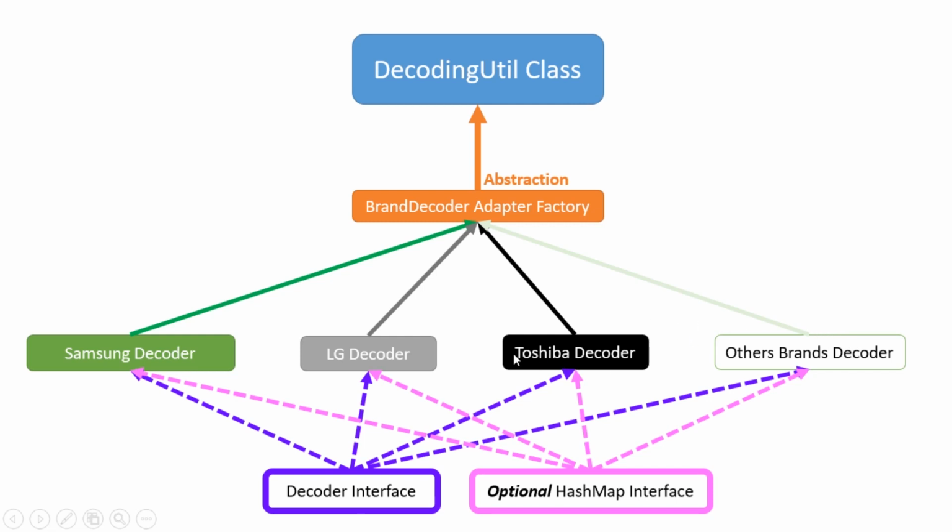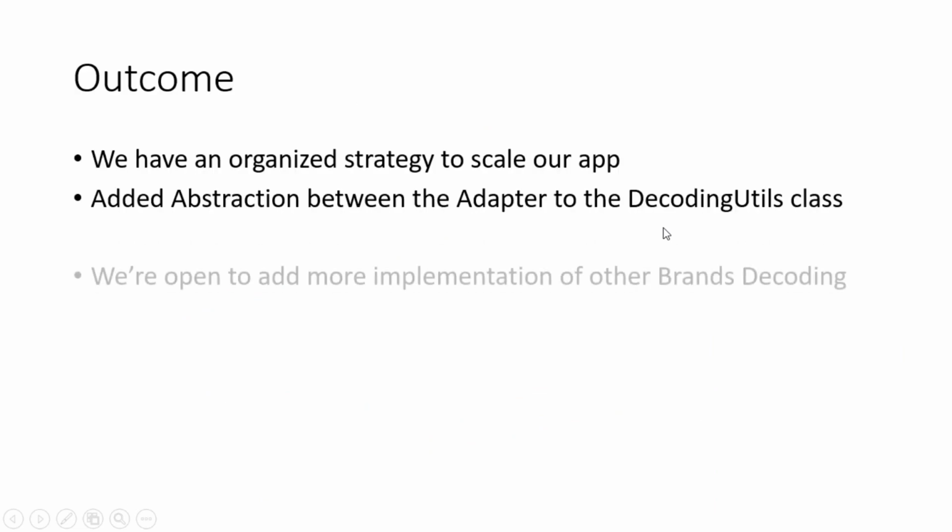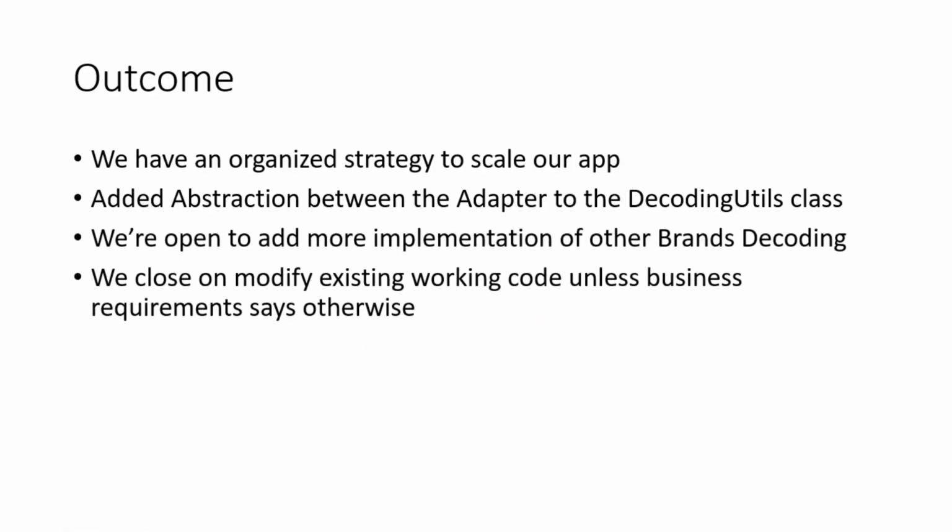You will not need to change Toshiba, LG, or Samsung, you wouldn't change the decoder interface, and you wouldn't really need to change the optional interface. You would just create a new class, implement the interfaces you have, and notify the factory by adding its type. That's it for closing the modification.